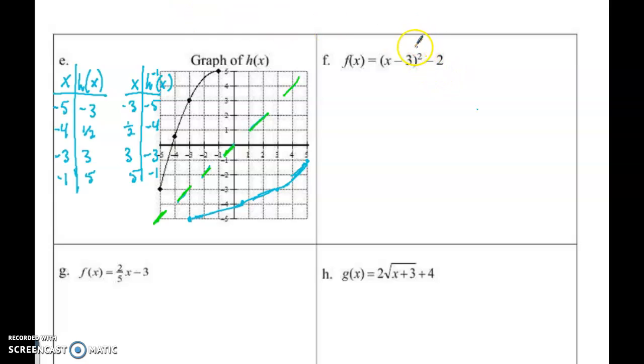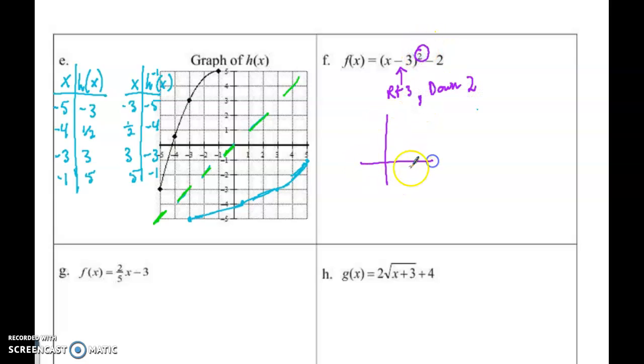Now, before jumping into any problem, please remember everything you learned in Algebra 2. For instance, as you look at this, you should already know it's shifted right, I'll just do right 3, down 2. But that's not even what I care about. What I care about is that this is a parabola.